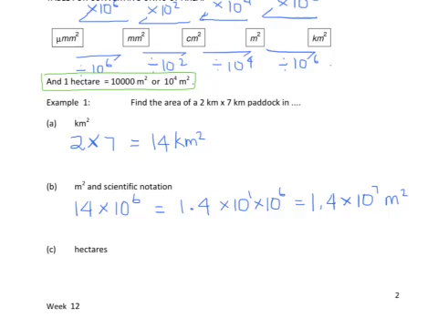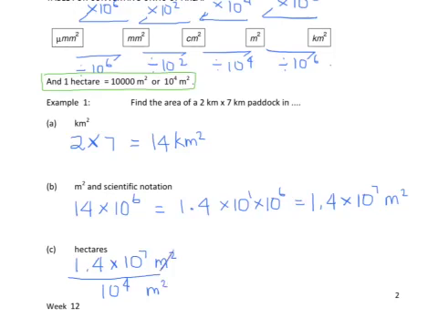To convert that to hectares, going back up to looking at our rule for hectares, 1 hectare is 10 to the power 4 or 10,000 metres squared. So we've got 1.4 by 10 to the power 7, that's metres squared, and we know every hectare is 10 to the power 4 metres squared.